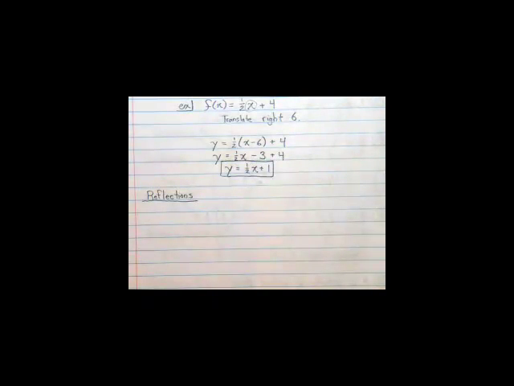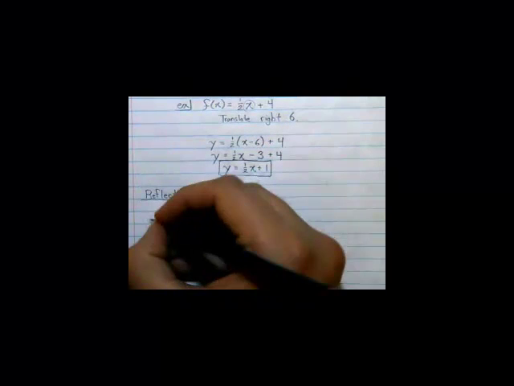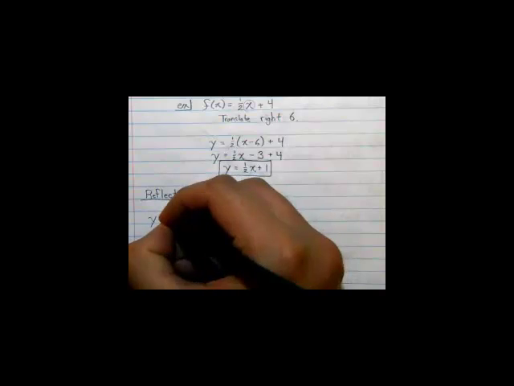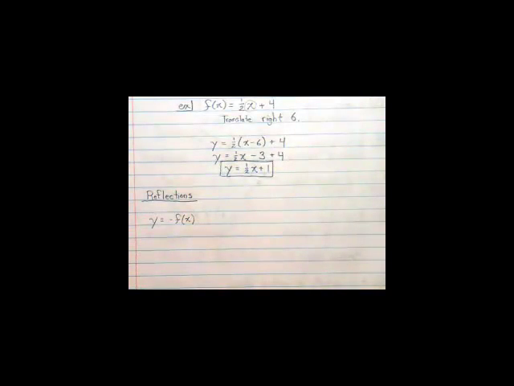But we can also reflect stuff around the y-axis too. It's just a different way of doing that. So, y equals negative f of x. That's what we did yesterday. We took the existing function f of x, whatever it was, and we just put a negative in front of it, and that reflected it over the x-axis.